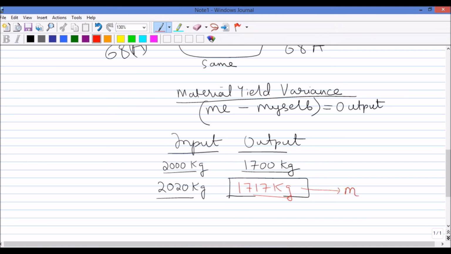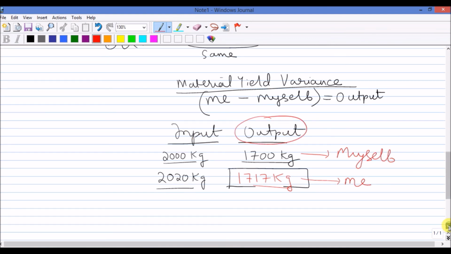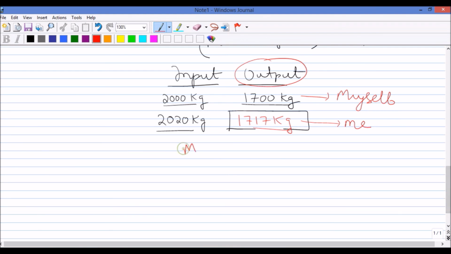This is me, this is myself, both are output. Only this much you need to remember. Now me minus myself and multiply by the standard price per kg of output.